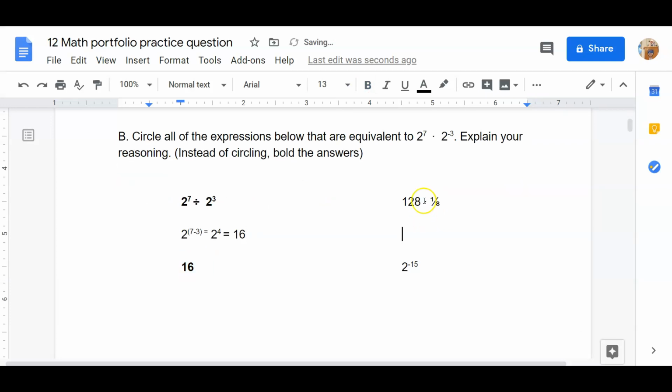128 times 1/8. Wow. 128 times 1/8. How do you figure that one out? Let's do it using good old-fashioned math on paper. I know you guys like to see it on paper, right? So 128 is the same thing as 128 over 1, right?